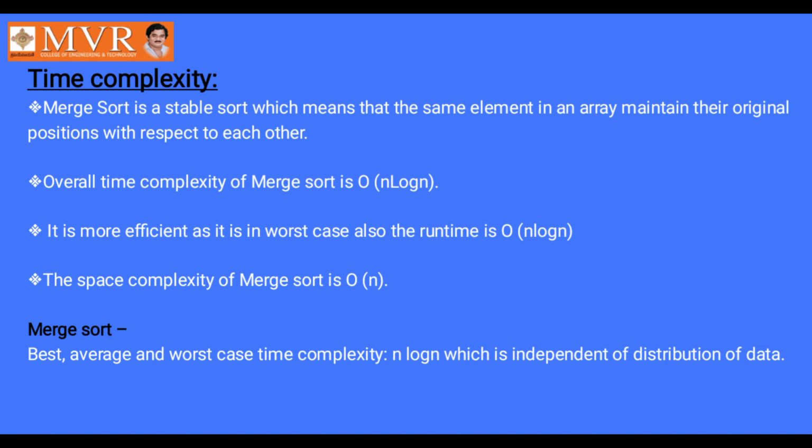And the space complexity of merge sort is O of n, that is, the space occupied by the variables or elements for performing the merge sort technique is O of n. See, best case, average case and worst case time complexity is n log n, which is independent of the distribution of data.